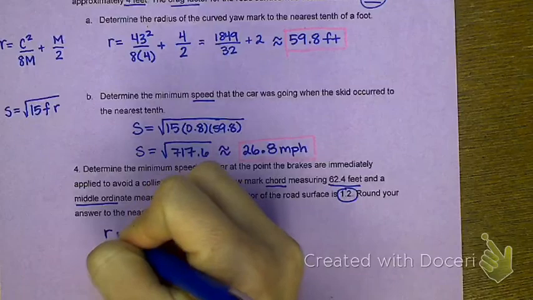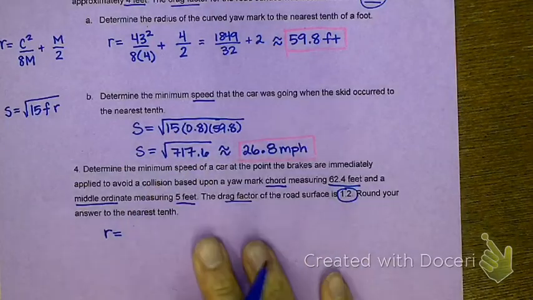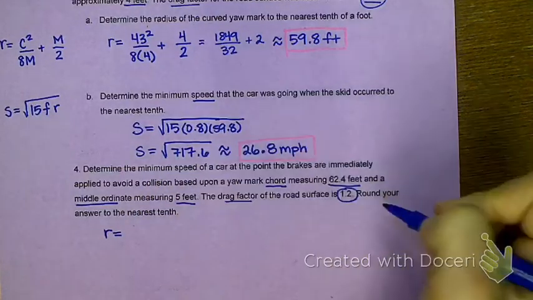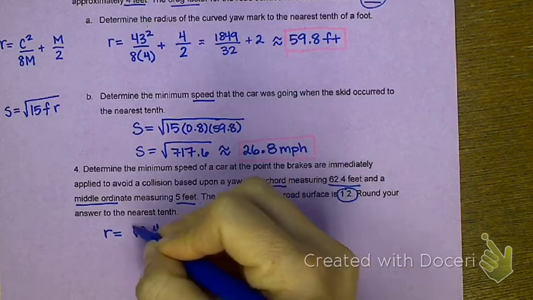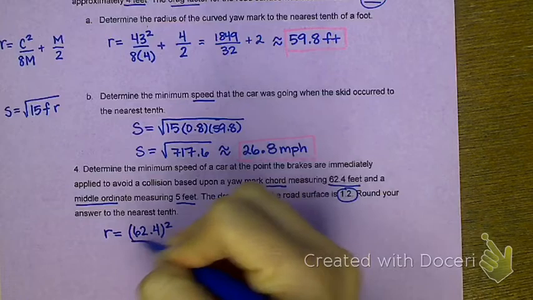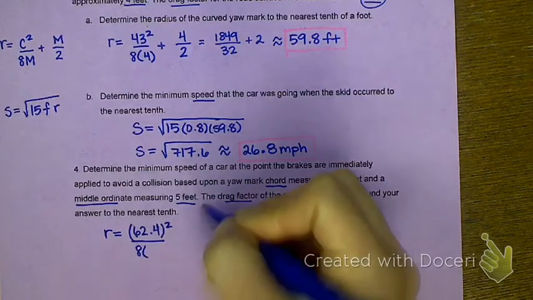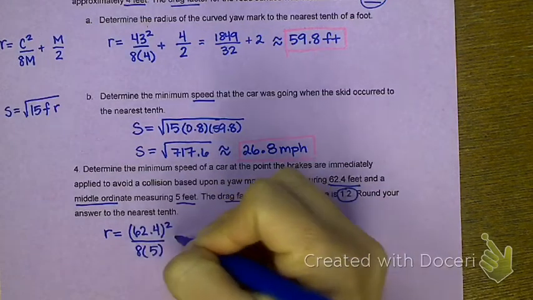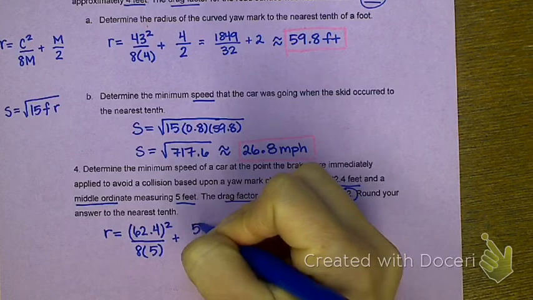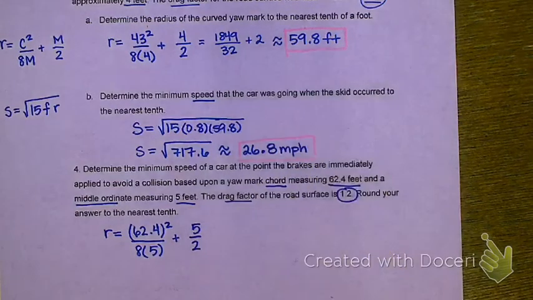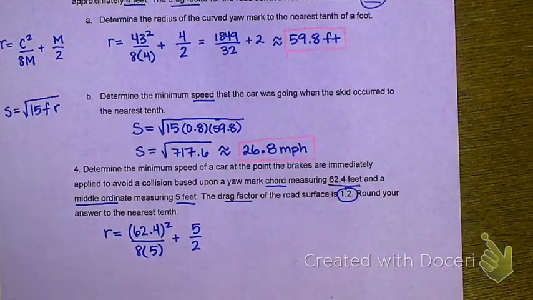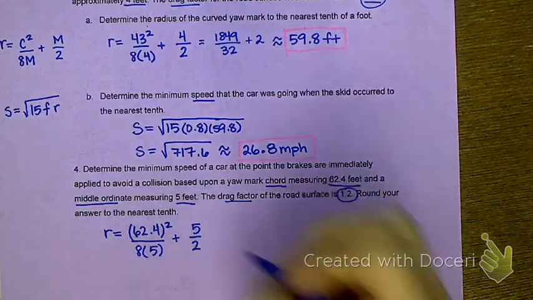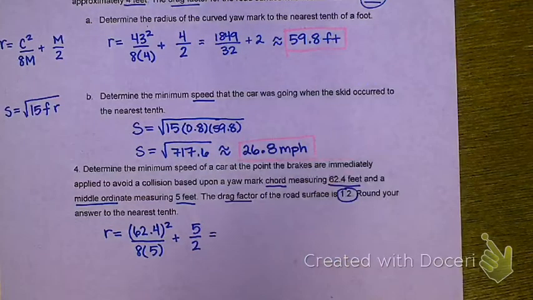So to find the radius for this situation, we're going to do C squared. So C is 62.4 squared divided by 8 times the middle ordinate, which is 5, plus 5 divided by 2. I'm just going to continue simplifying this expression.